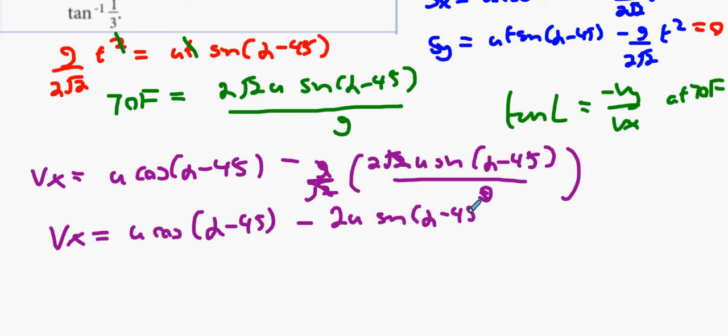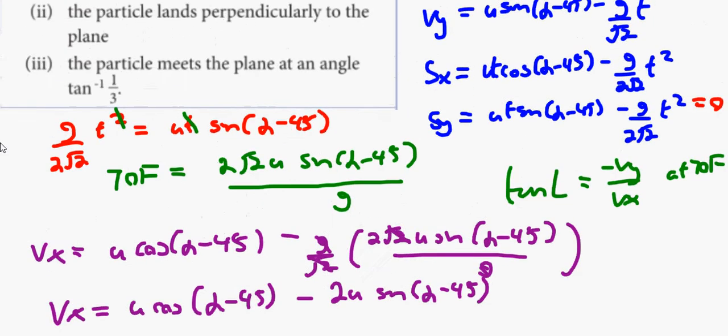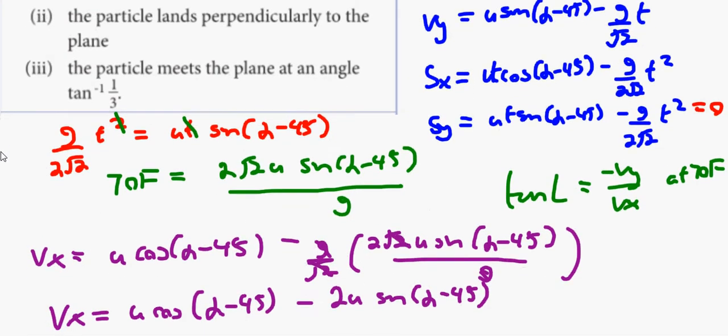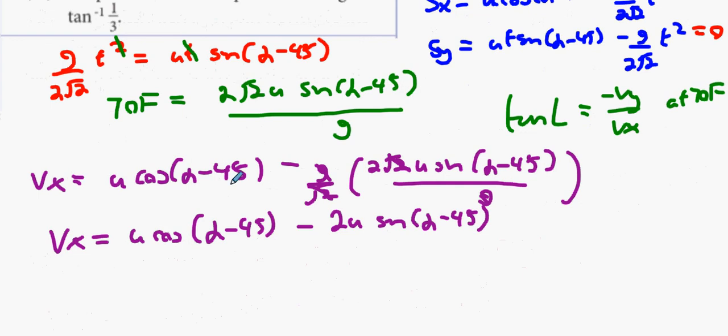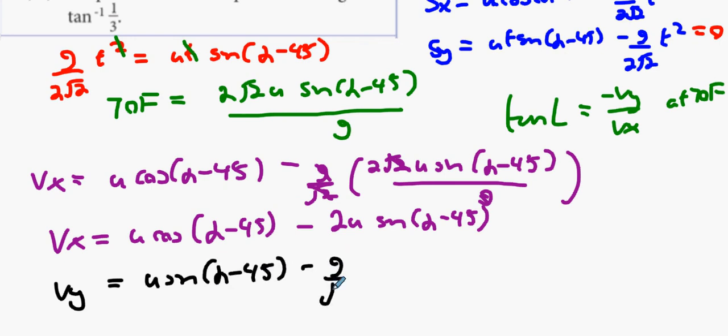Alright. Grant. We're going to do Vy now. And what's guaranteed about Vy? Vy will have to be negative. Yeah? So it's u sin(alpha minus 45) minus g over root 2 times the time. Exact same thing. It's actually the exact same thing as last time, isn't it?